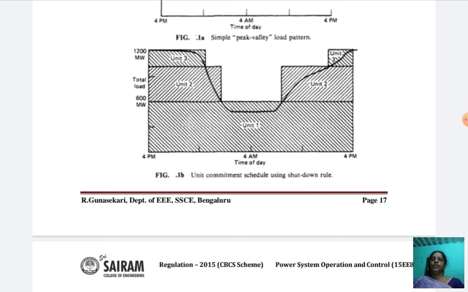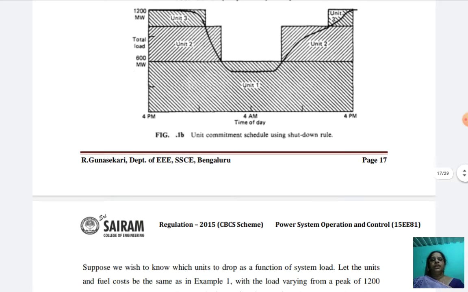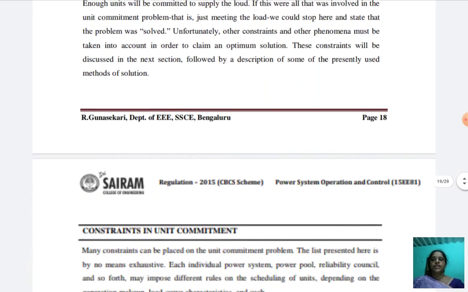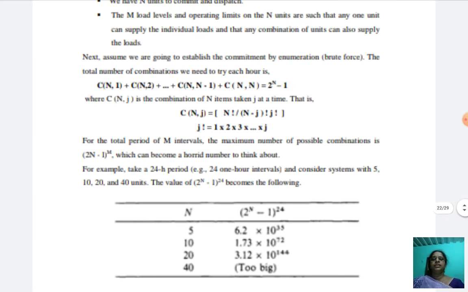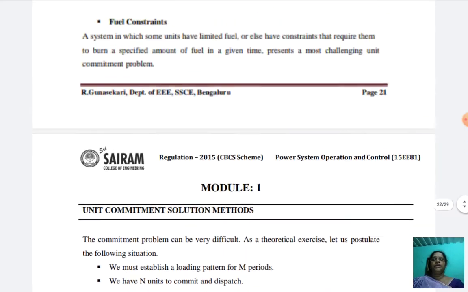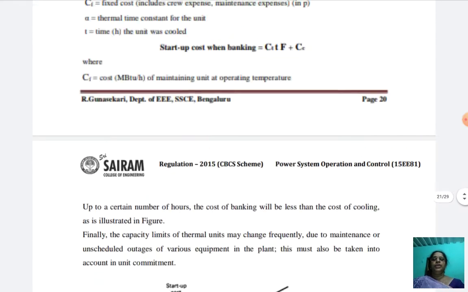So now you have clearly understood unit commitment, and the need and necessity of unit commitment. Then we go to study the constraints in the unit commitment.